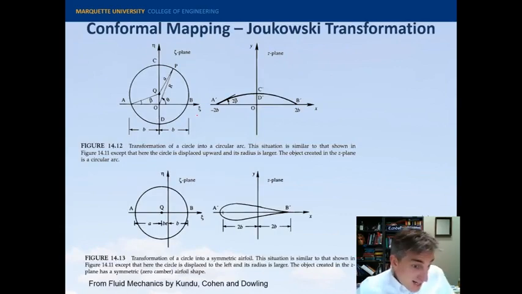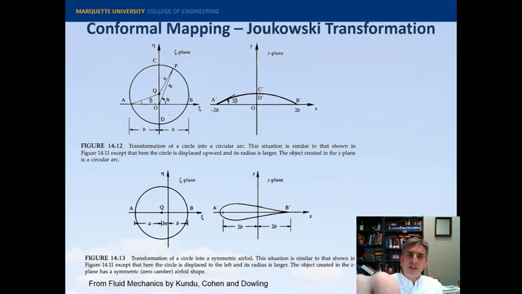The last topic that we're not going to cover, but it's in the book, and I just wanted to mention that it's out there, is conformal mapping. One idea, you could spend a lot of time, if this whole class were dedicated to potential flow theory, we would get into conformal mapping. Basically, it's a variable transformation where you take the circular cylinder here and you map it onto a shape.